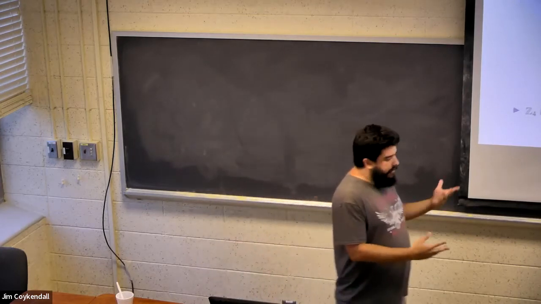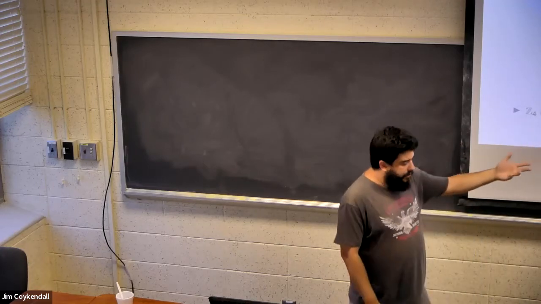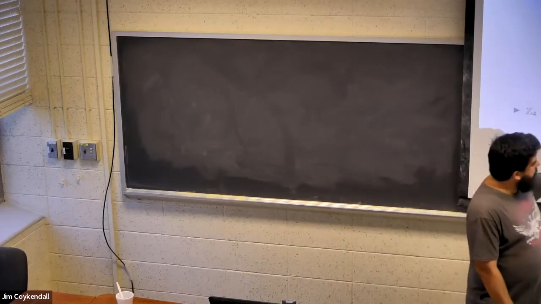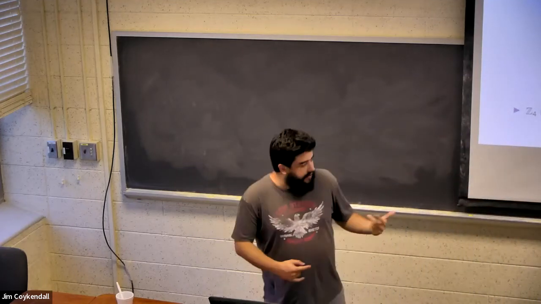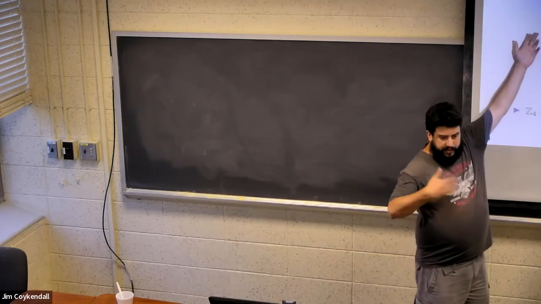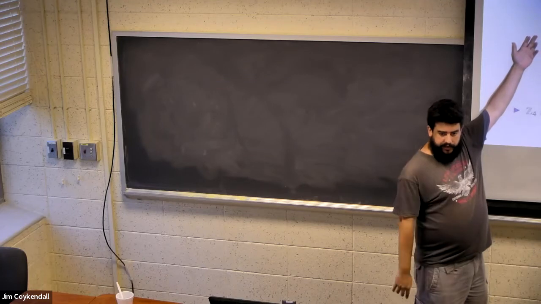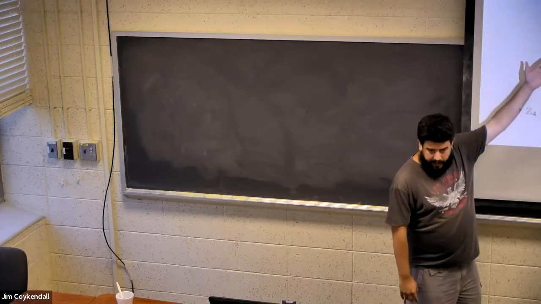But then you take someone like Z4, it's not a field. The reason is that 2 does not have an inverse. There's no number that you multiply by 2 that gives you 1. One way to see it is that when you take multiples of 2, which is just repeated addition of 2, you always end up at 0, coming back.